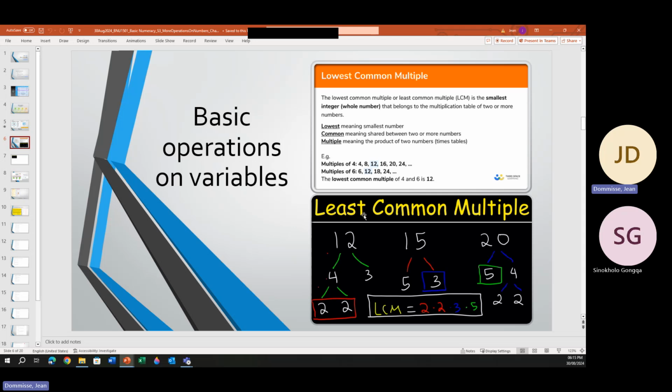What will be the least common multiple for those three numbers? I know I have questions in there in these options as well. So we will look at the lowest common multiple, and look at questions around that.